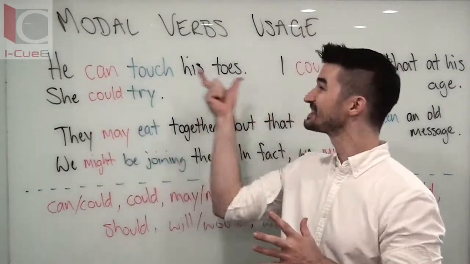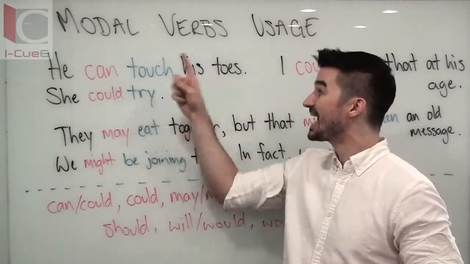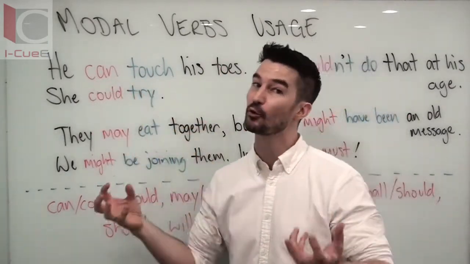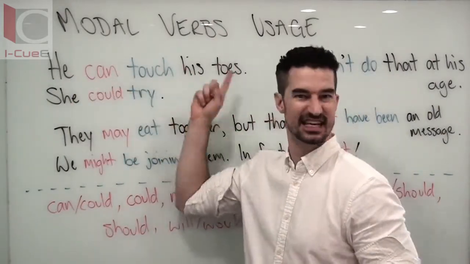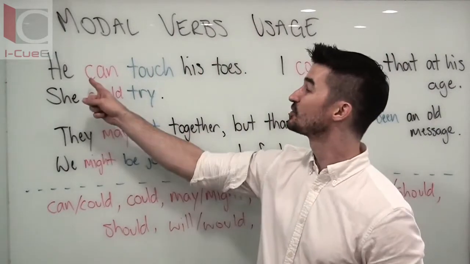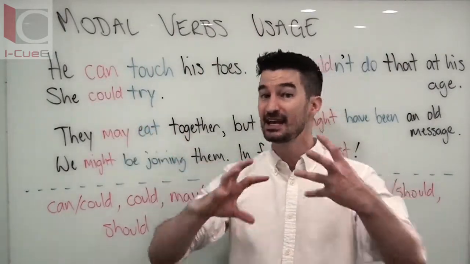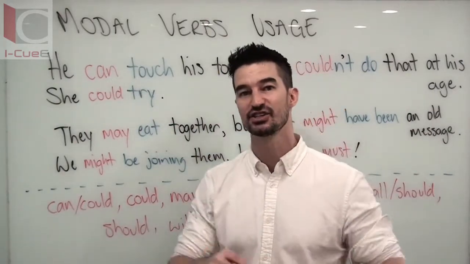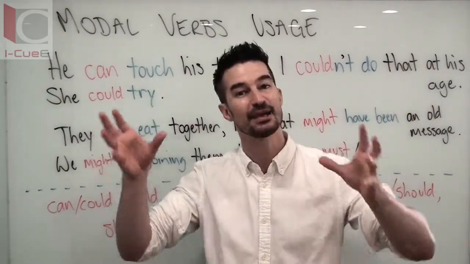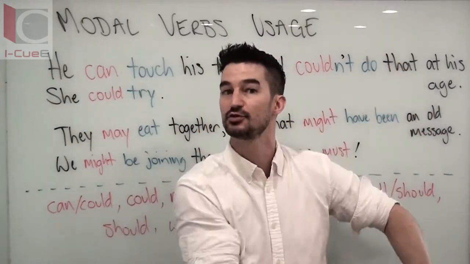So remember that in the simple present, he can touch, can being the modal verb coming first, we wouldn't say he can touches his toes. That doesn't make sense. It's only the first word in any multiple verb construction that is going to change according to that time tense, past, present, future.